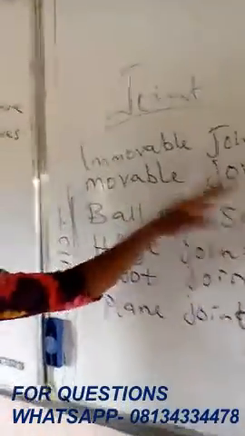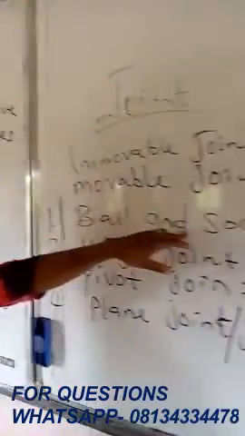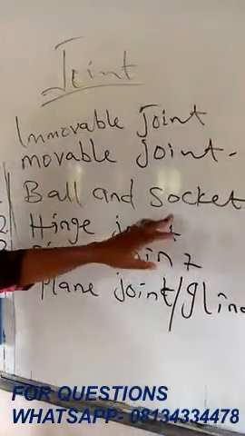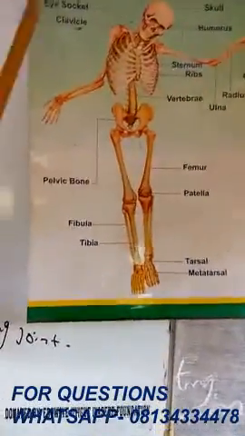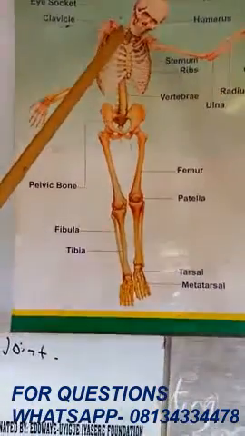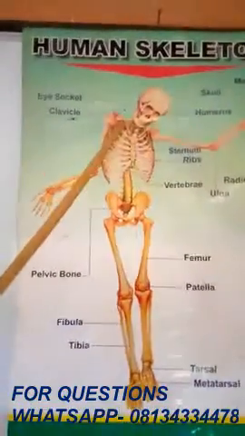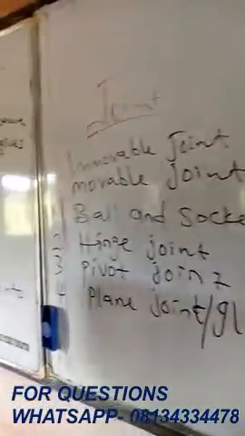The ball and socket joints, here circular movement of the body is possible. One bone forms a depression, that is, a bone forms sockets. Don't forget, the ball and socket joint is found at the pectoral girdle, which is at your collar bone.